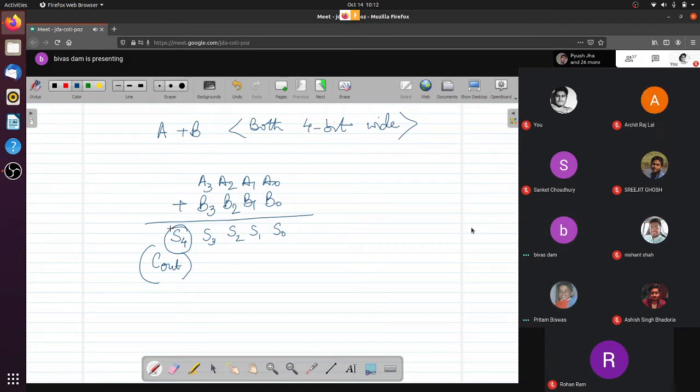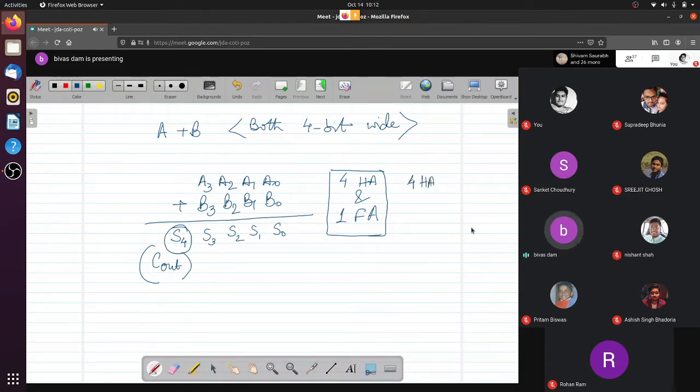Very good. This is option number 1. Anybody else? Only 4 half adders, if there is no carry out bit.